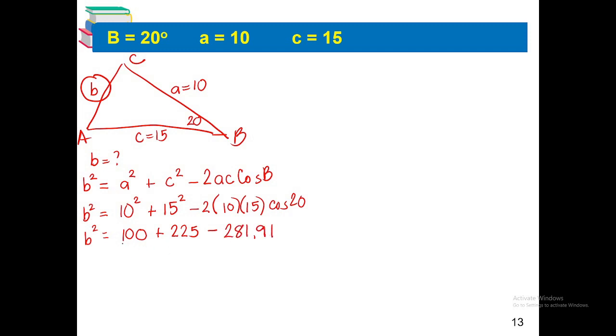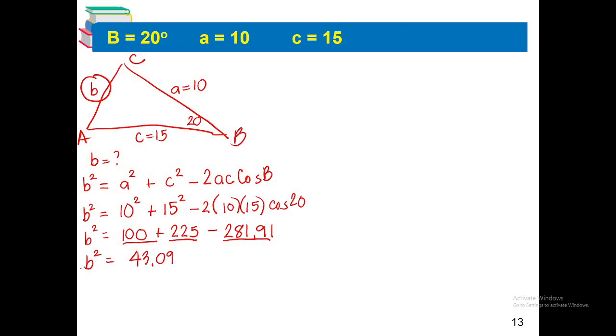This time we add 100 and 225 and subtract 281.91. How much do you get? Correct, 43.09. That is still B squared.